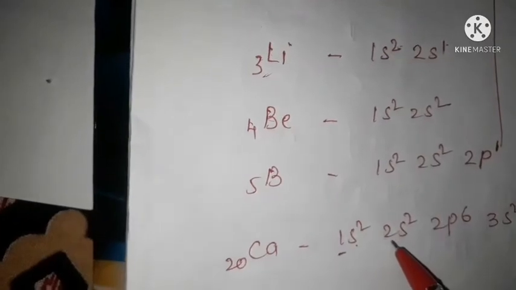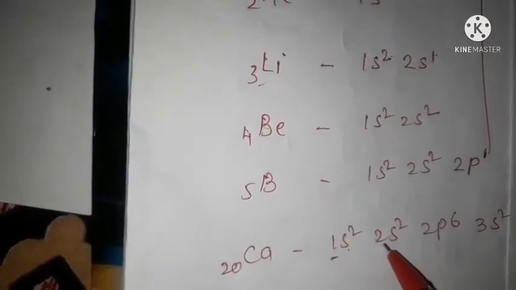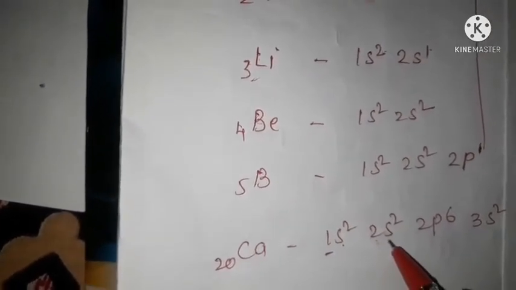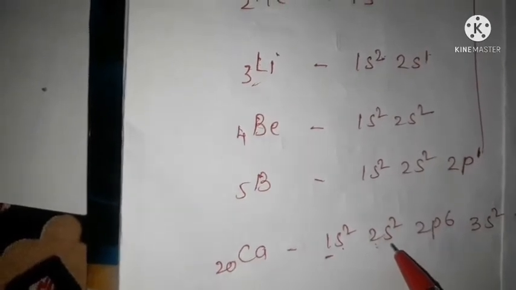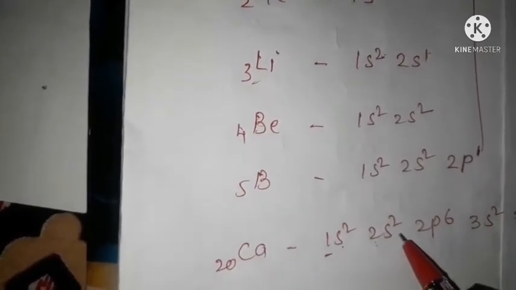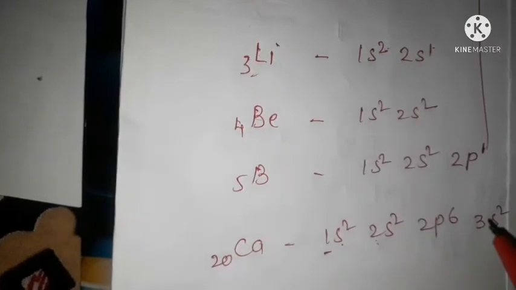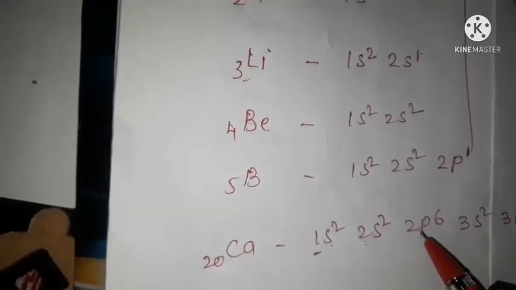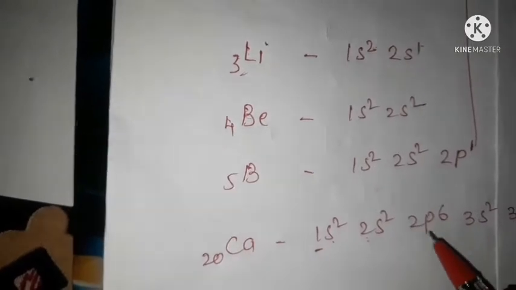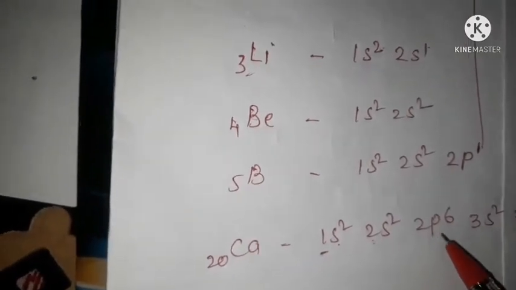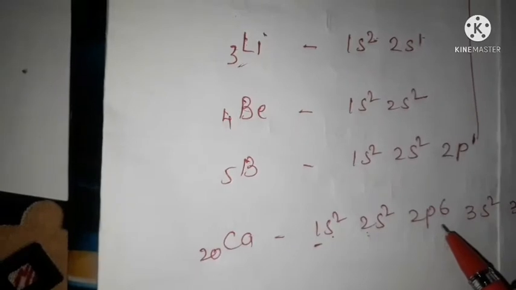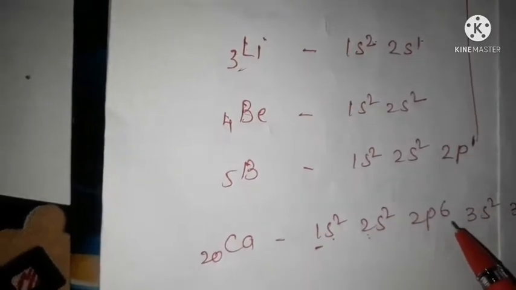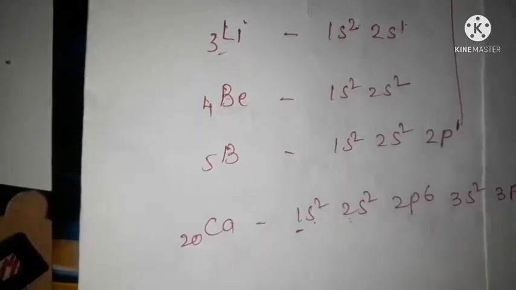Like this, 2s: in the S subcell the number of electrons is 2, and likewise 2p, in the same cell, the P subcell is included, in which 6 electrons are available.